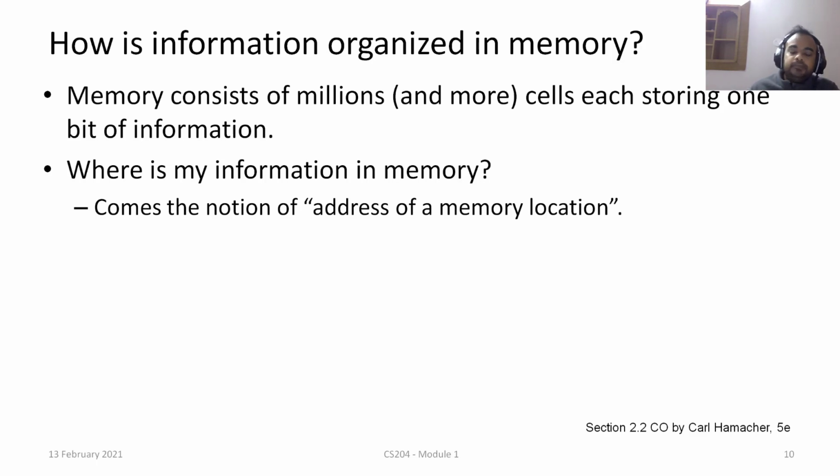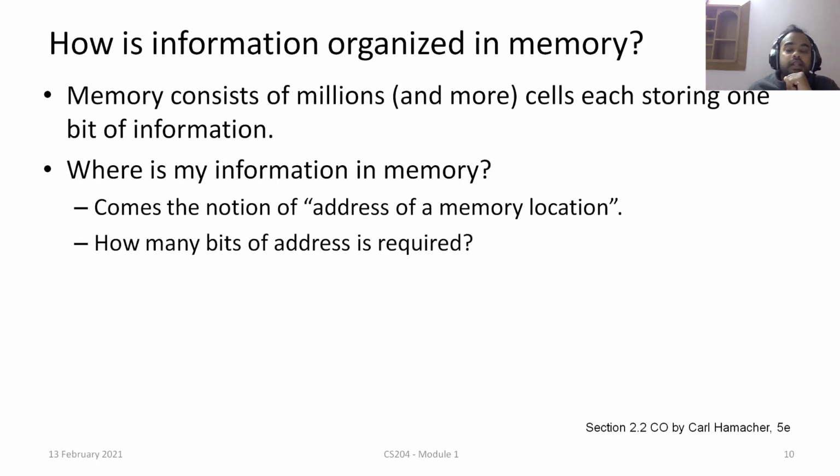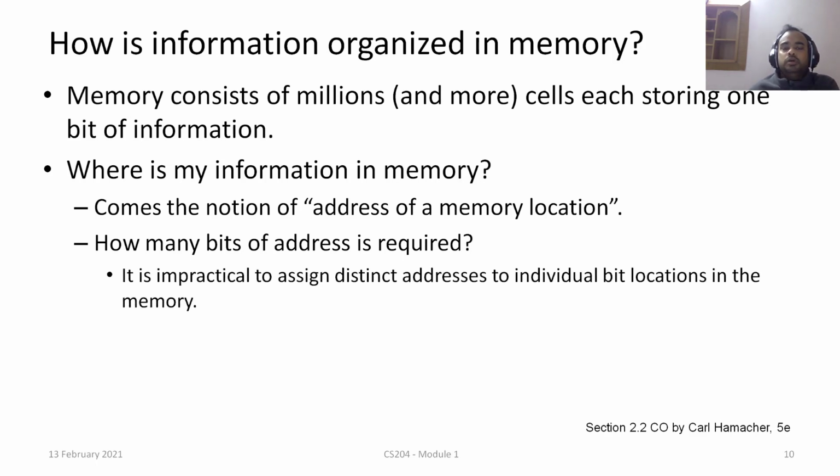So in the memory we have stored data and the program, and to retrieve either of them we need the corresponding address. If we are wondering how many bits of address are needed, typically it would depend on the size of the program. And we don't usually go and assign each bit a unique address.